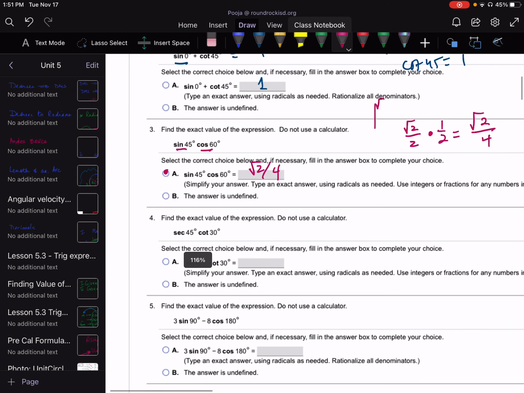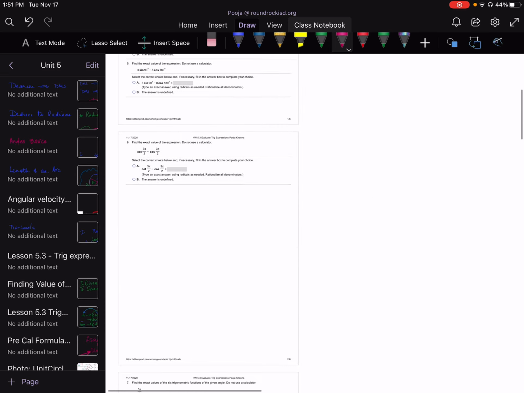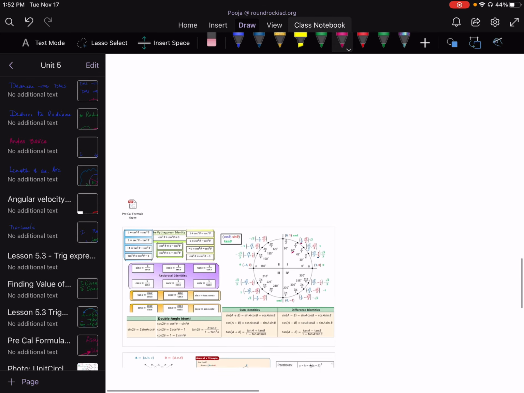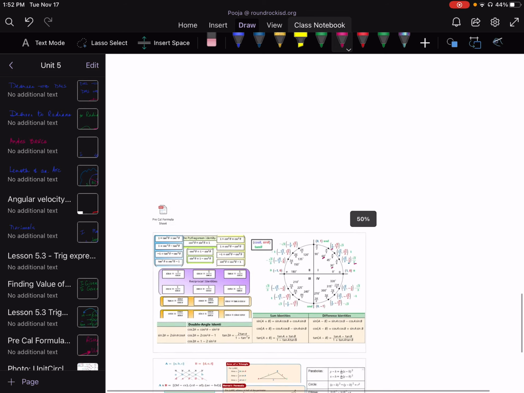Find the exact value of this one, secant 45. Well, cosine 45 is root 2 over 2 from the unit circle, so secant of 45 would be flipped over to root 2, so this is 2 over root 2 times cotangent of 30. For that, I'm going to find tangent of 30 first and then flip it over.